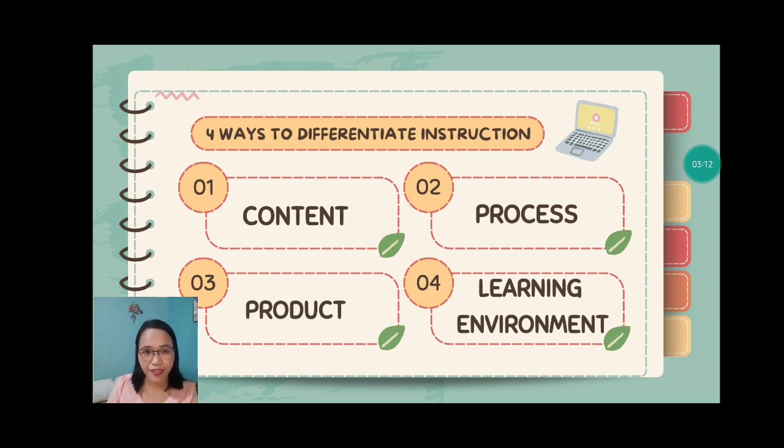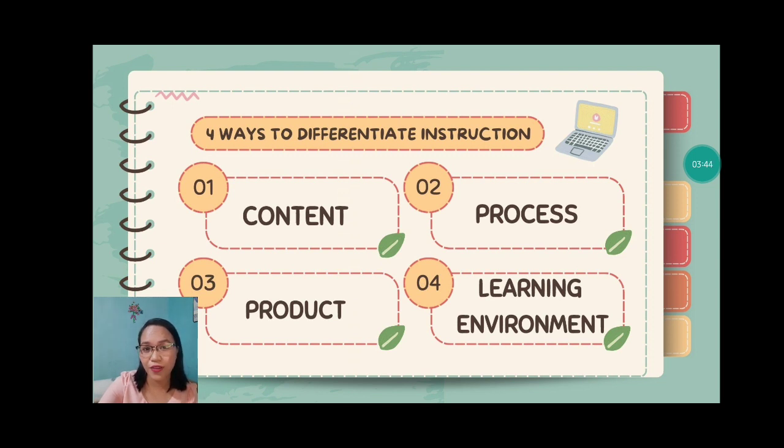instruction. First is content. So what you can do is differentiate the content by designing activities for groups of students that cover various levels. And you can use the Bloom's taxonomy, which is a classification of levels of intellectual behavior going from lower order thinking skills to higher order thinking skills.